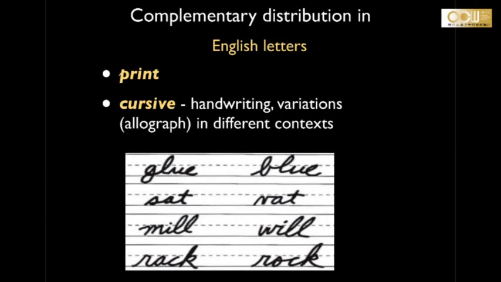Now I want you to pay attention to these four sets of words. Can you find variations of the same letter in different contexts? L, okay, I assume you're referring to this L. How are they different? When it's in glue and when it's in blue. Don't you think this G ends here, right? So this goes up here.